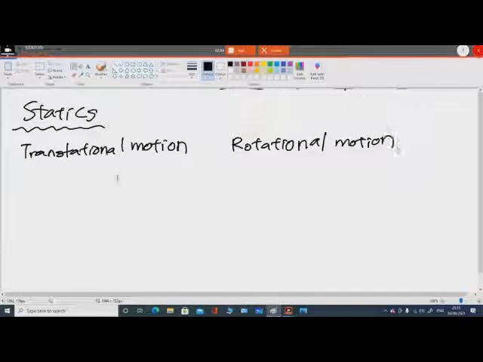If there is no translational motion, it means that the object is in equilibrium, or stationary condition. So F is in equilibrium, object stationary.